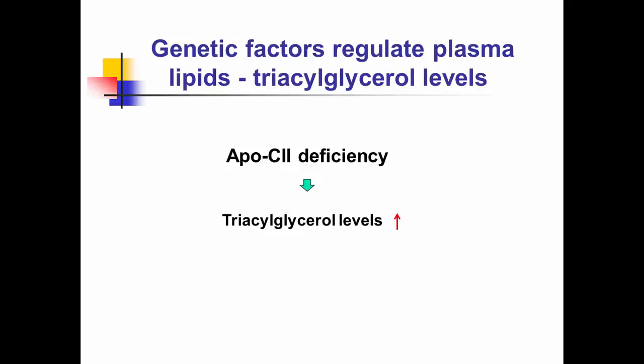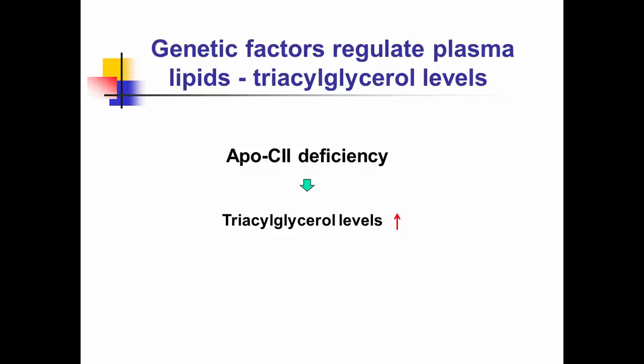ApoC2 deficiency will also cause increased chylomicron and VLDL levels. This gives you an example of how genetic factors affect lipid metabolism.